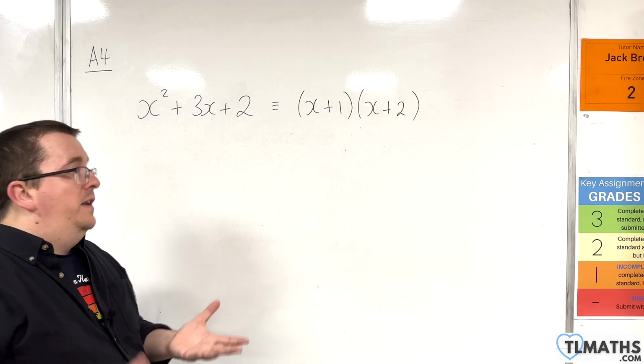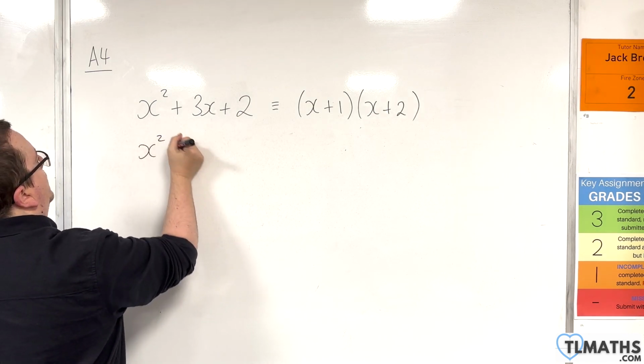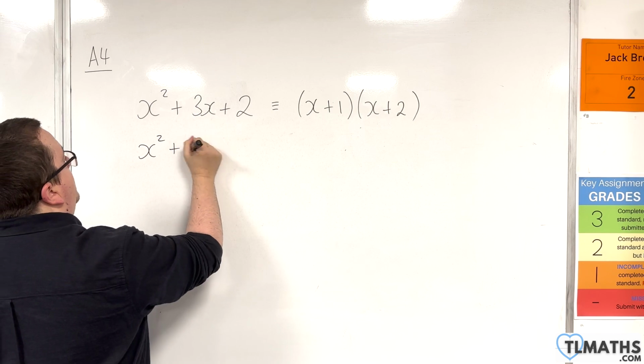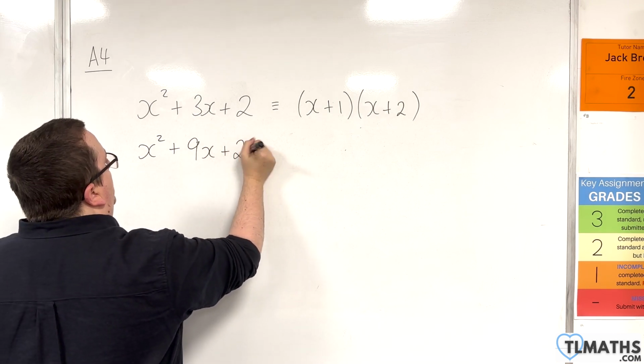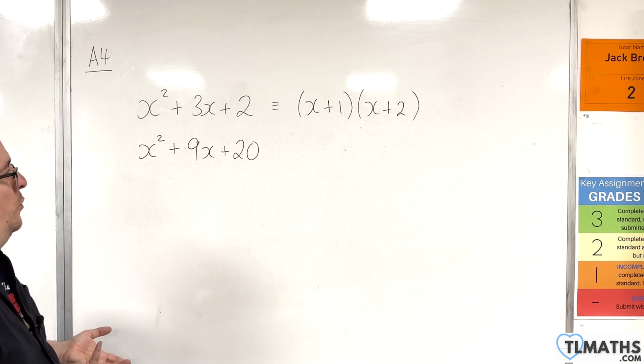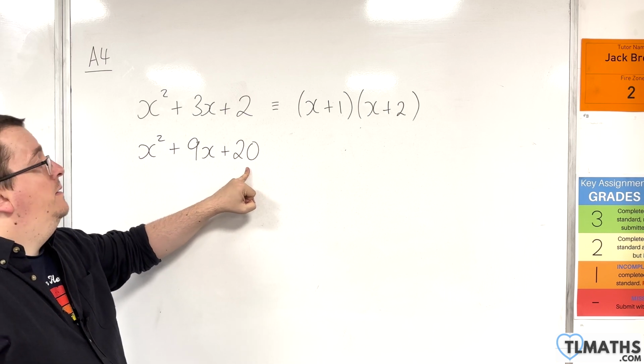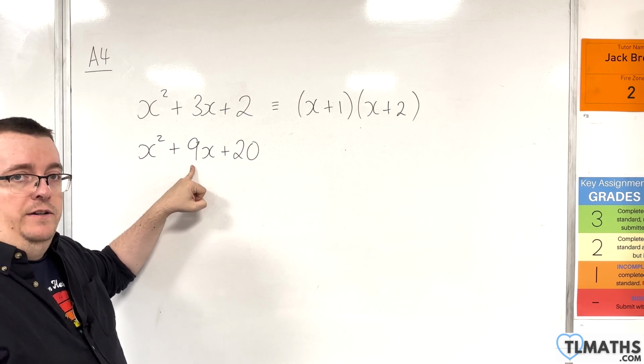So let's take a look at another example. Let's say I had x squared plus 9x plus 20. What we're looking for are two numbers that multiply together to make 20, but add together to make 9.